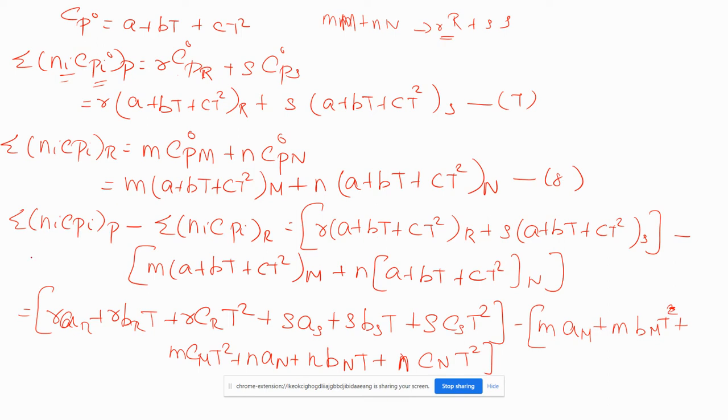Now combine R A R and S A S and then M A M and N A N, like that you combine. So how will we write this? R A R plus S A S minus M A M plus N A N, plus R B R T plus S B S T minus M B M T minus N B N T. Like that we are combining the terms and writing.